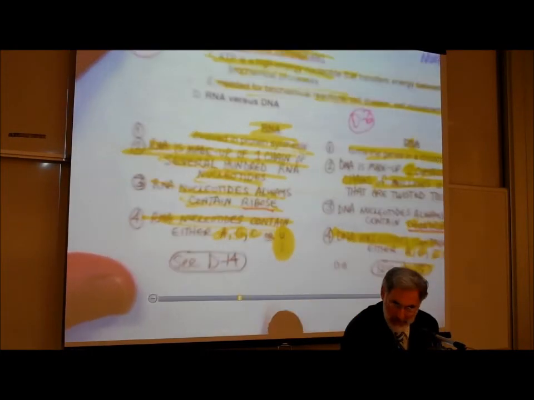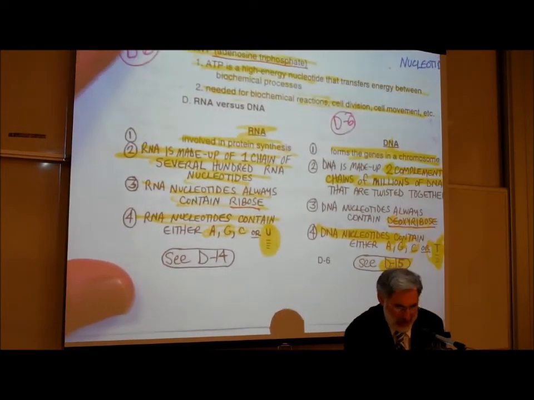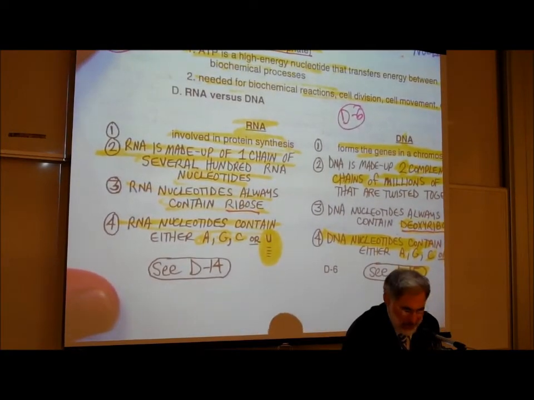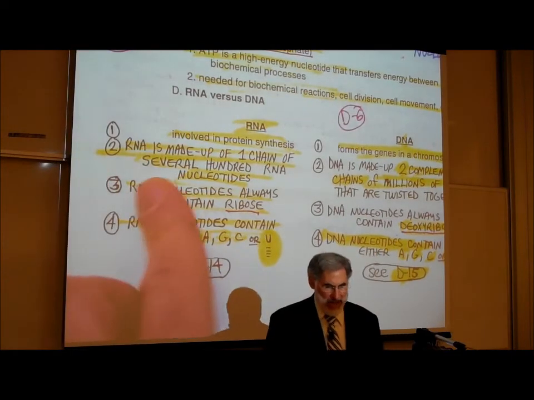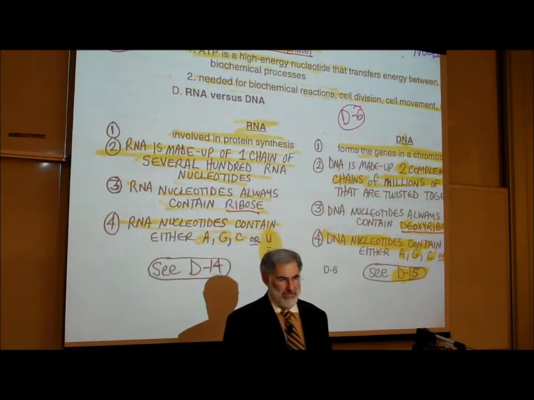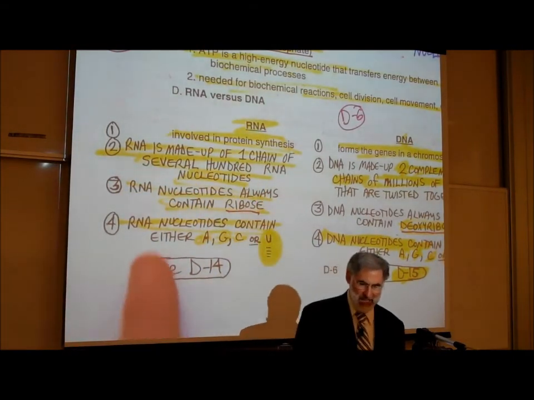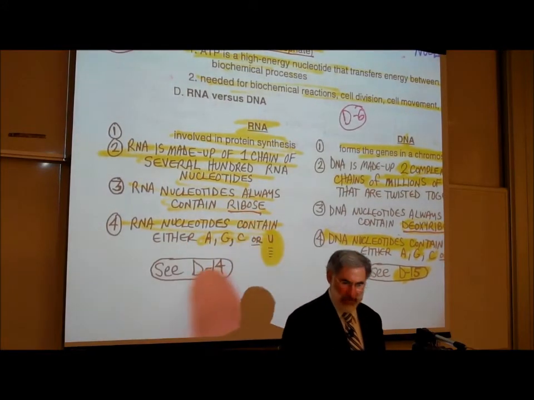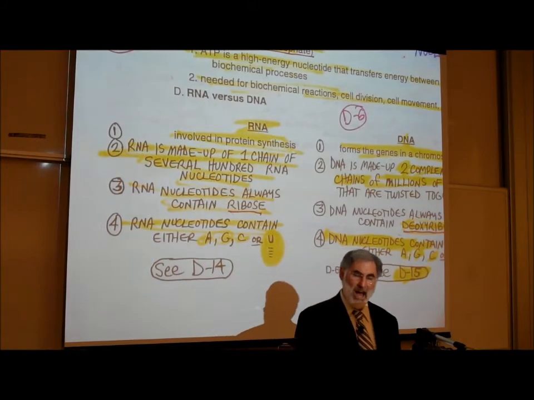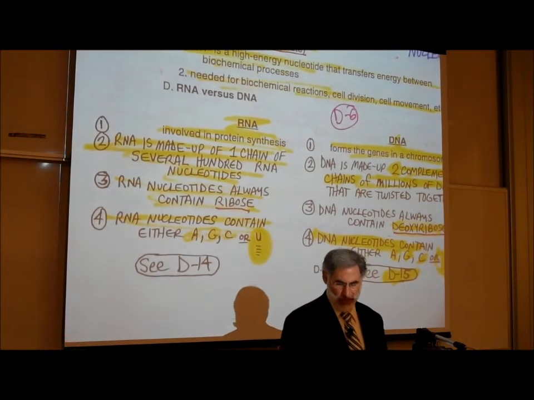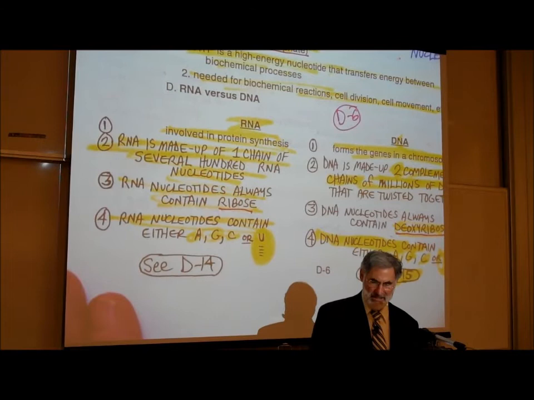Now the next thing we want to look at, back on page D6, is to compare RNA and DNA. So on page D6, we wrote that RNA is made up of one chain of several hundred RNA nucleotides. The RNA nucleotides always contain the sugar ribose, and the RNA nucleotides use either A's, G's, C's, or U's: adenine, guanine, cytosine, or uracil.